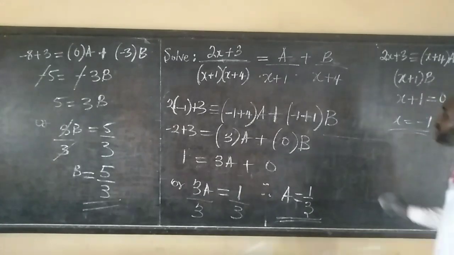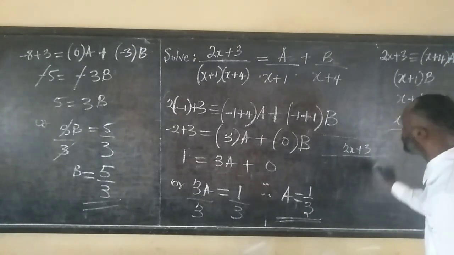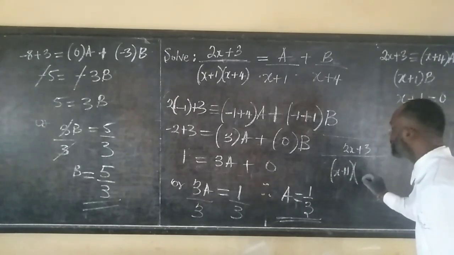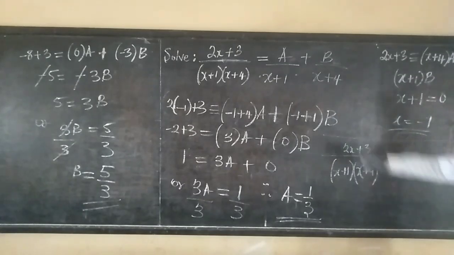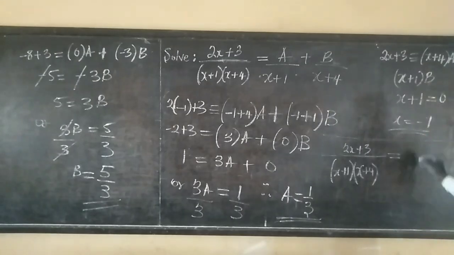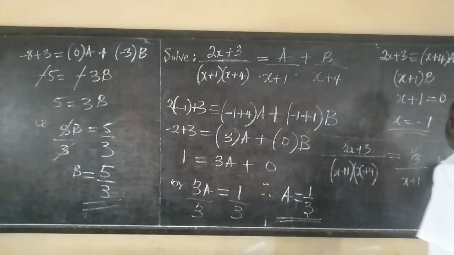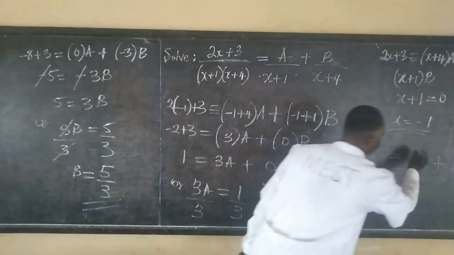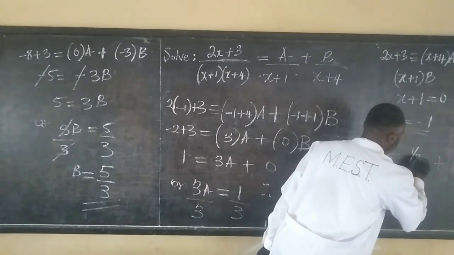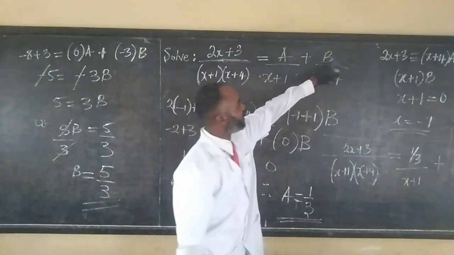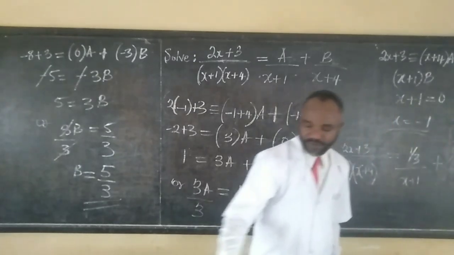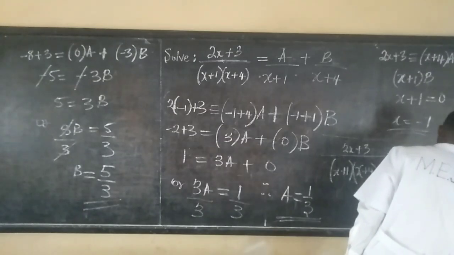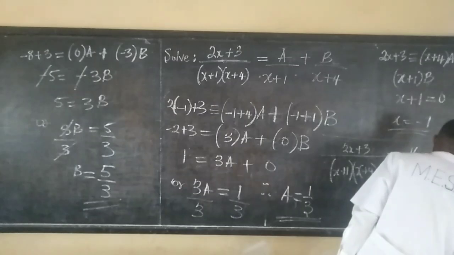The equation is still on the board. We summarize. So we have 2x plus 3 all over (x plus 1)(x plus 4) is equal to, for the value of A, we have 1 over 3, so 1 over 3 over (x plus 1), plus, for the value of B, we have 5 over 3, so 5 over 3 all over (x plus 4).